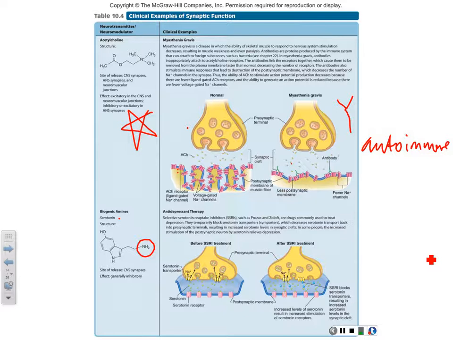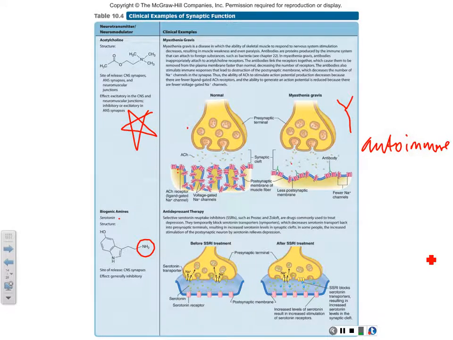Okay, and so you have the antidepressant therapy, which are called selective serotonin reuptake inhibitors, SSRI. Okay, so they will prevent... Remember, at the neurotransmitter, we said the choline is symported back into the presynaptic cell for recycling by a sodium symport. Same thing happens with serotonin.